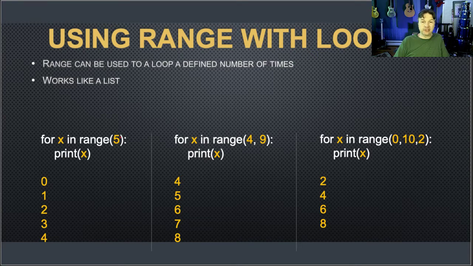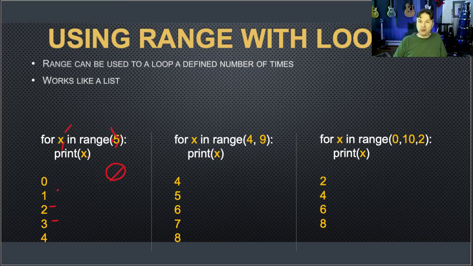So what's it going to do? It's going to say x is 0, print 0. Now it's a 1, print 1. Now x is a 2, print 2. Now x is a 3, print 3, so forth and so on. Because it's going to look in that range. And we can control this range. By default, range is always going to start with 0. Why 0? Because good programmers always start with a 0.